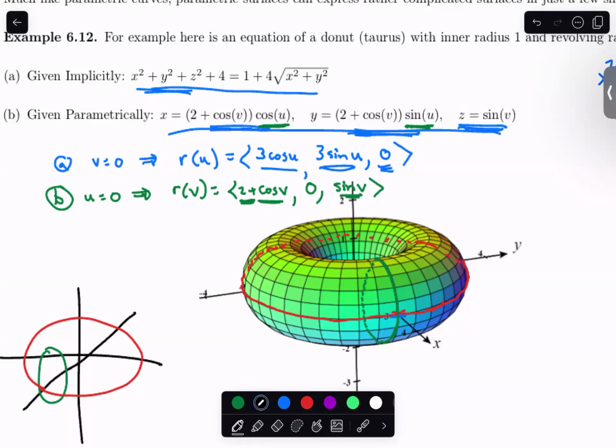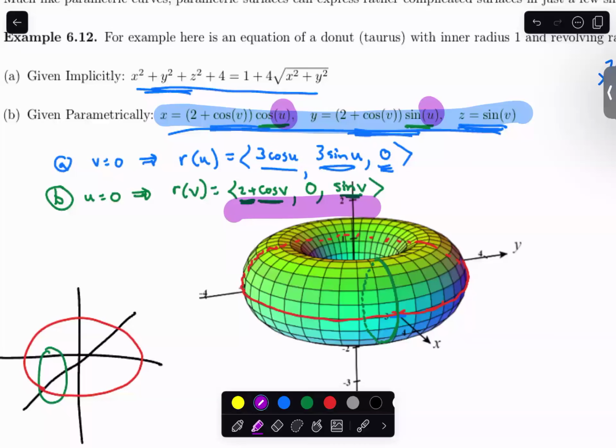So when I plugged in U equals 0 into my parameterization, you can see me doing this right here: instead of my full equation, which is up here with my x's, y's, and z's, everywhere I saw a u, I plugged in a 0. And so I got this equation down here once I did that.